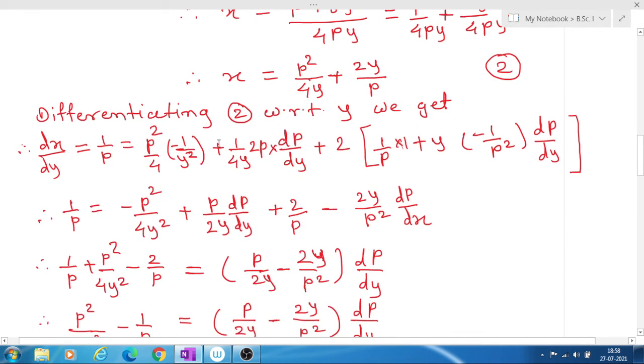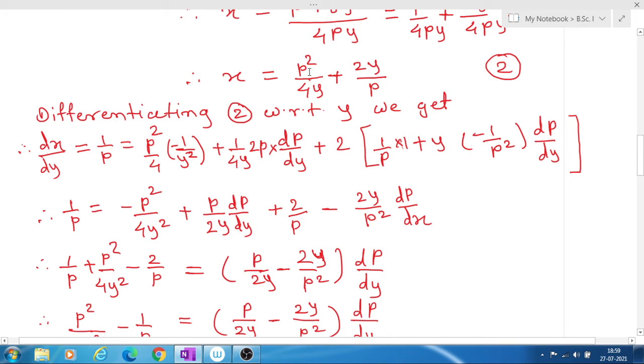Now the second step is differentiating the equation with respect to y. Therefore dx by dy, which is nothing but 1 upon p, is equal to, now here is a product of two terms, p square upon 4y. We can take its derivative using u upon v or u into v. So I have used the product formula.